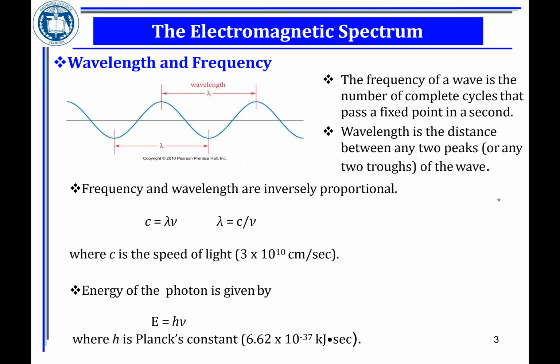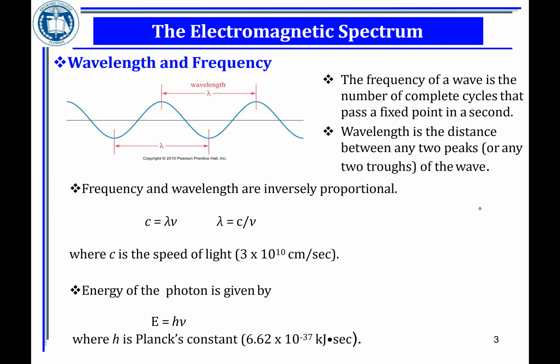When we talk about the region of the light, we want to learn about the light. These are just basic definitions, not more than what you learned in general chemistry. The higher the wavelength, the lower the frequency.